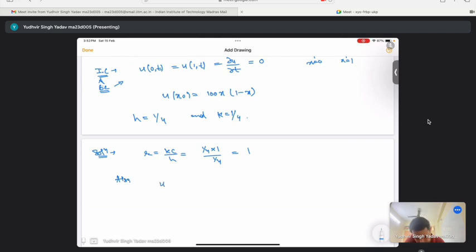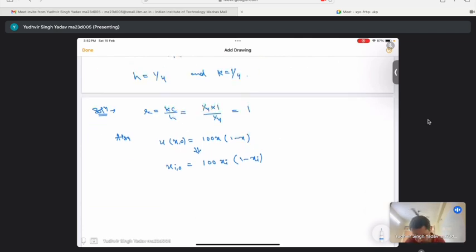Also from the initial condition, that is u(x,0) equals 100x(1 - x), we will have u(i,0) equals 100 times x_i(1 - x_i). And this is a numerical representation for one of the initial conditions.